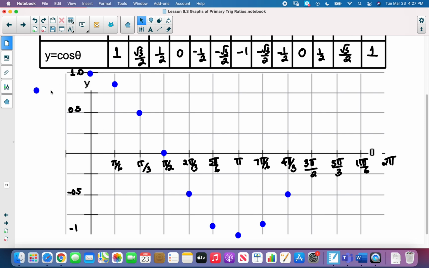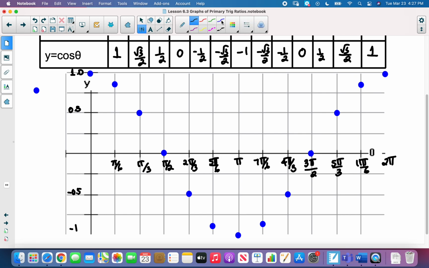And then back to 0 at 3 pi over 2. And then right here. And then 2 pi is 1.